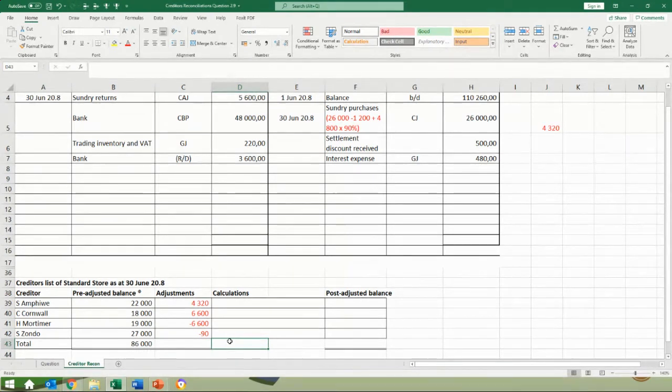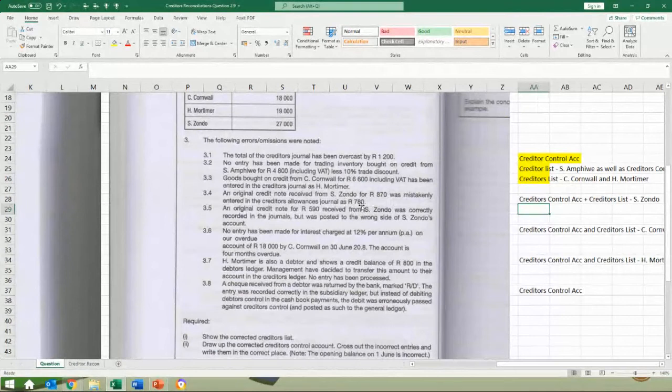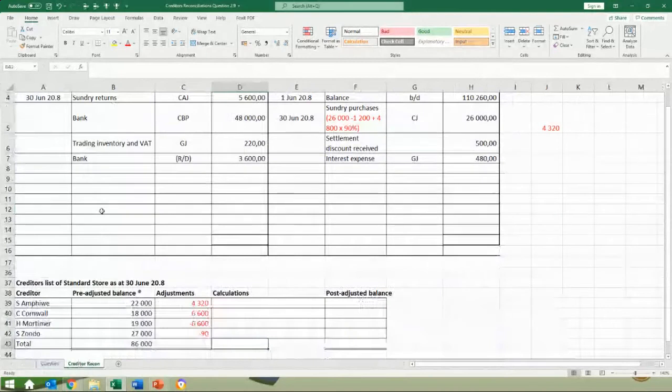It means it would have reduced their creditor's balance. But I actually captured it at an amount smaller than what it should have been. So that means I have not reduced my account with the correct amount. If it was the other way around, so if I captured a bigger amount than I should have, then it would have been a positive. So in this case, it's a negative 90.